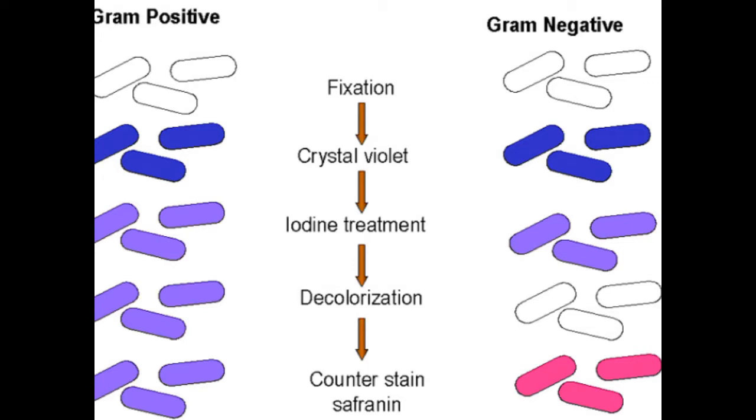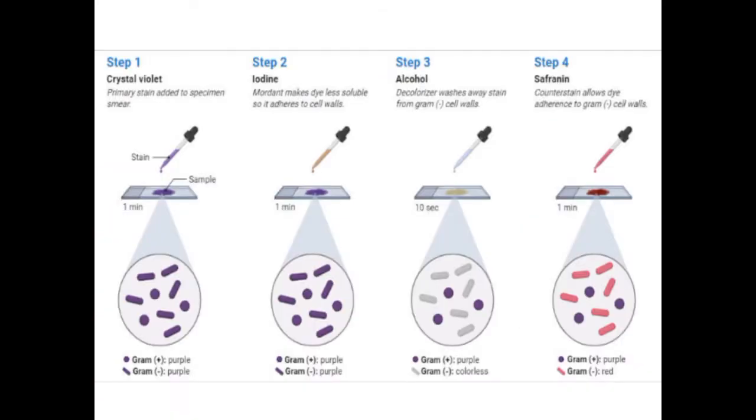Now moving to the procedure. Before studying the procedure, you should know the requirements: transparent glass slides, wire loop, pipette, cedarwood oil, microscope. The following reagents are also used: crystal violet stain, Lugol's iodine, which acts as a mordant. What is a mordant? A mordant increases the affinity of the stain to the cell wall.